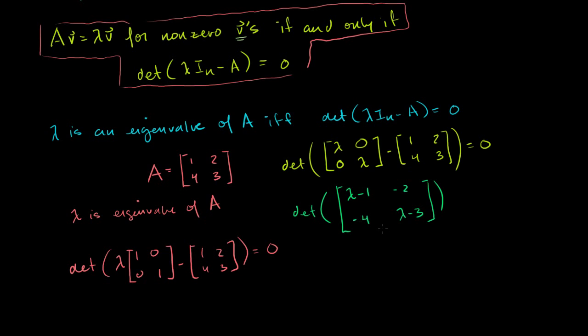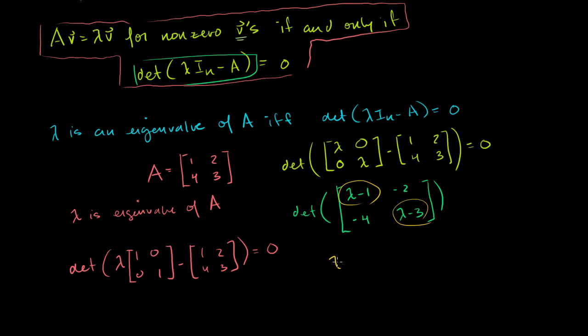So kind of a shortcut to see what happened. The terms along the diagonal, well, everything became a negative, right? We negated everything. And then the terms along the diagonal, we had a lambda out front. That was essentially the byproduct of this expression right there. So what's the determinant of this 2 by 2 matrix? Well, the determinant of this is just this times that minus this times that.